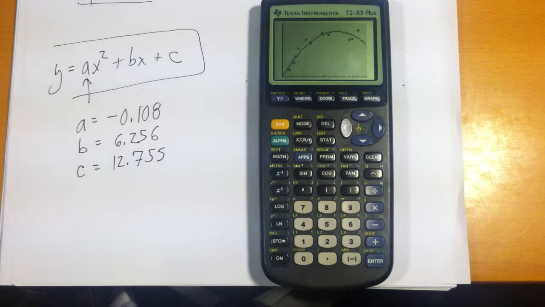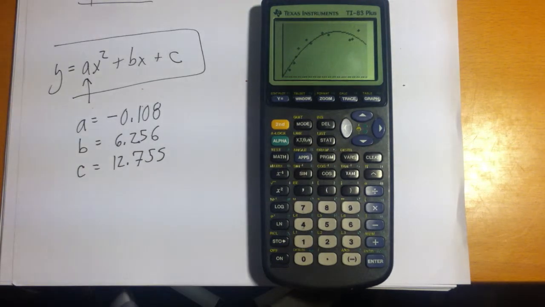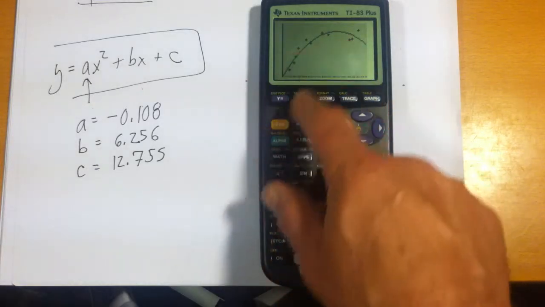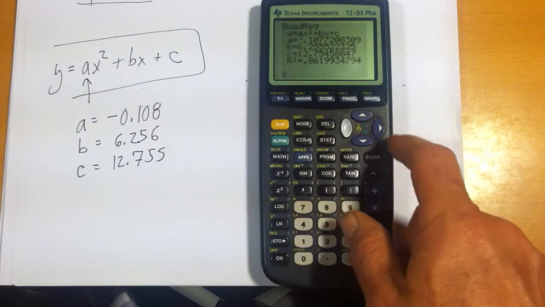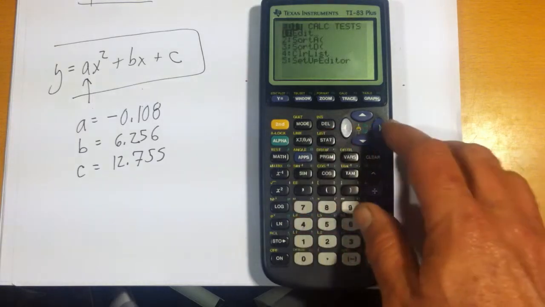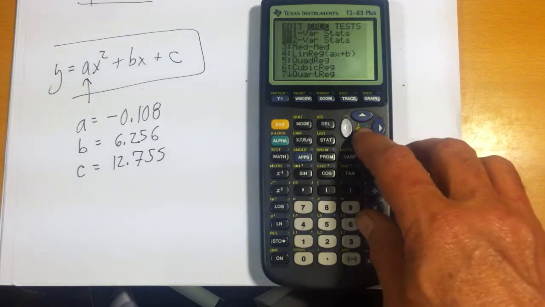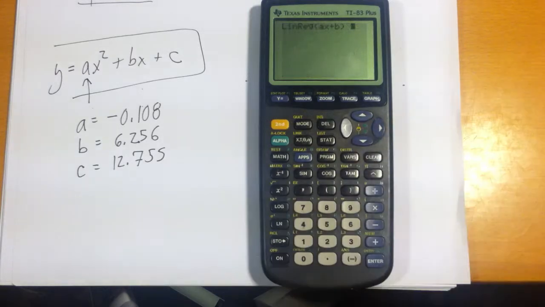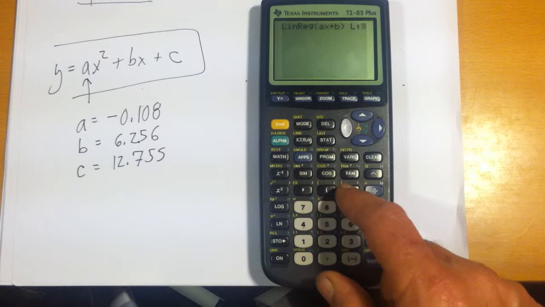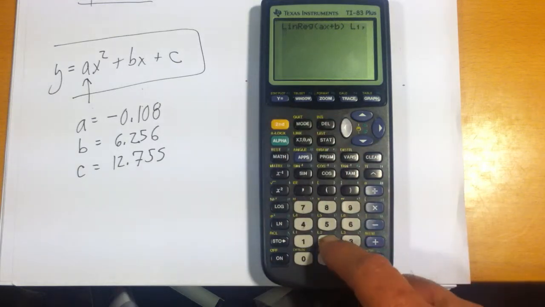Now, the key is not just how well it fits the data, but how well it fits the data compared to how well a line would do. So let's leave that there for a minute, quit here, clear, and run a linear regression to compare the two. Here you go down to LinReg, L1, comma L2.